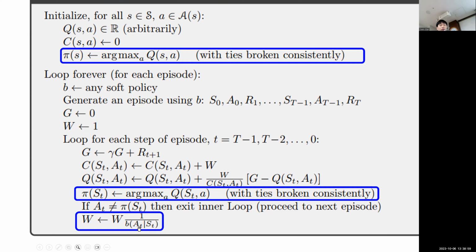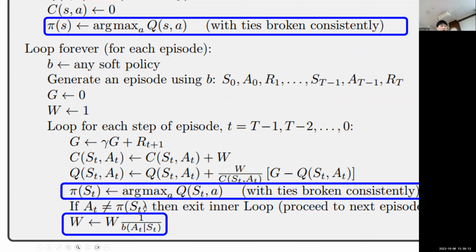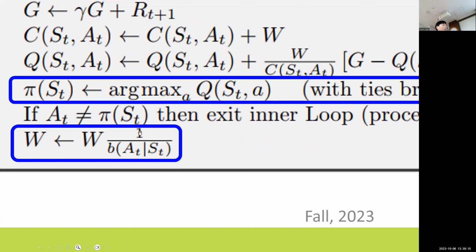Now we update this importance sampling ratio again. Notice that previously, when we looked at this, the importance sampling ratio was pi(At|St). Now it becomes 1. Why? Anyone?